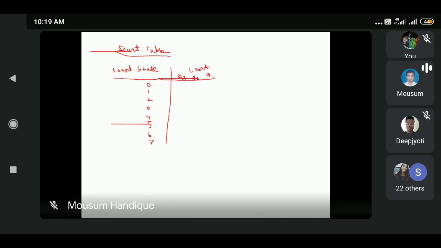How can we write? You can write 0 0 0, 0 0 1, and up to 1 1 1. Whatever is in increasing order is called an up counter.